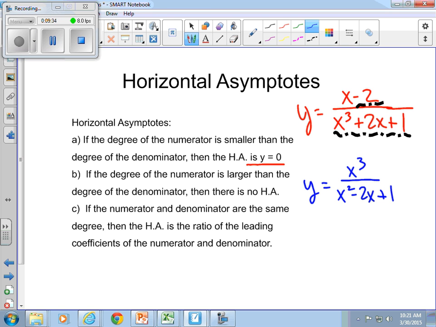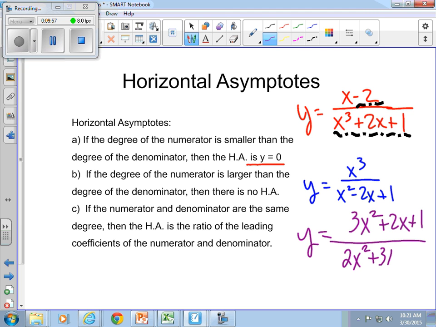If the degrees of the numerator and denominator are the same, then the horizontal asymptote is the ratio of the leading coefficients. What does that mean? So, if you have the same degrees on top and bottom, as x gets really, really big, nothing matters except the 3x squared and the 2x squared.